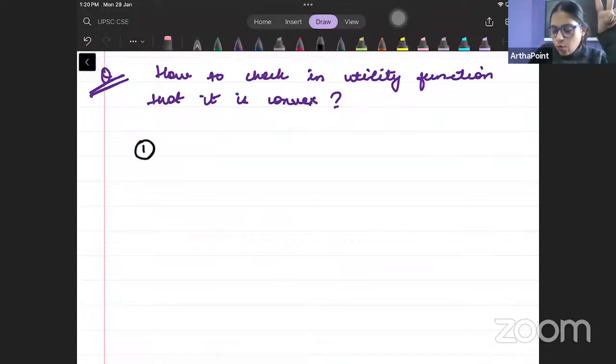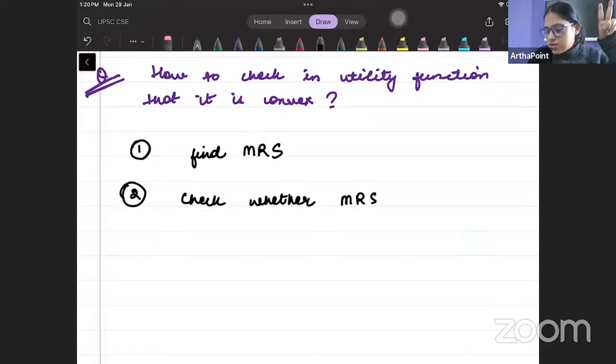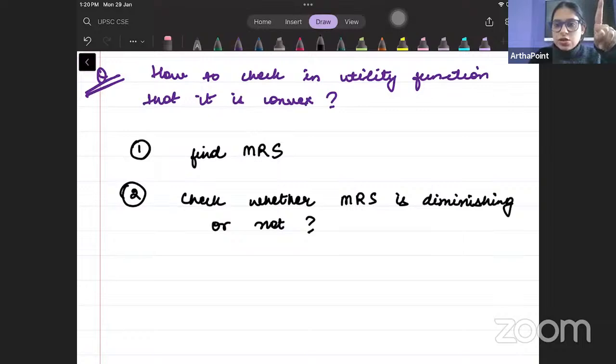Step number 1, find MRS. ये first step है, find MRS. Step number 2, once you have found MRS, check whether MRS is diminishing or not. आपने MRS निकाला और ये देखा कि क्या MRS diminishing है या नहीं है, then that is basically checking whether it is convex or not.